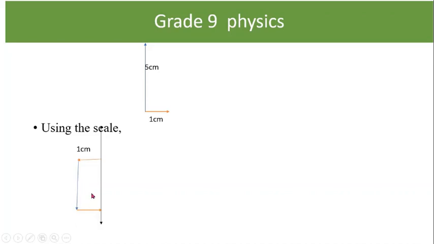Now I fully completed a parallelogram with the given scale. So this is 1 centimeter, 5 centimeter, and 1 centimeter. Now what I left is I have to draw a diagonal that joins the opposite vertices of this parallelogram.